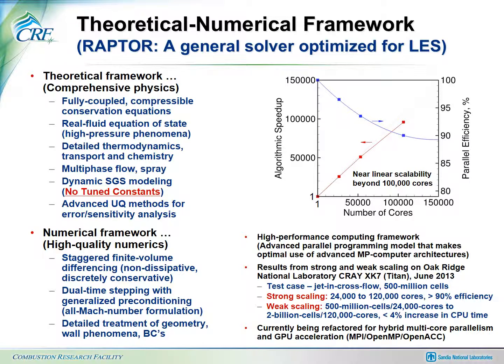Second is we're doing the best we can to maintain high quality numerics, and there's a lot we could discuss there, which I'll defer for now. And of course, last is we work closely across the full hierarchy of platforms, from local clusters to some of the bigger DOE platforms. I'll mention that all the calculations I'm showing you here were pretty much done on high-end clusters on the order of 5,000-ish cores.